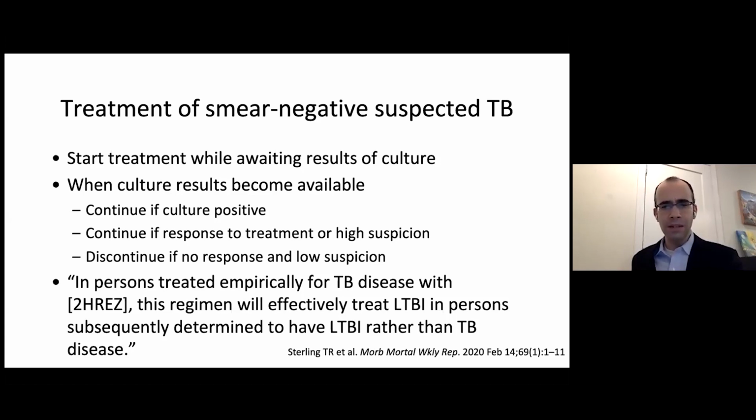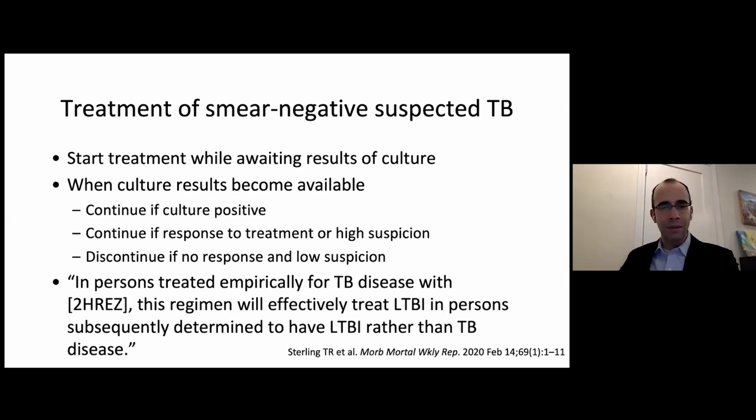If there's no response and for some reason you've arrived at a different diagnosis and have low suspicion for TB, then you can stop. I'll mention here, and I put the quote there at the bottom from the CDC, in patients who were treated empirically for TB disease and they received the initial phase, the 2 months of 4-drug therapy, that in itself will effectively treat latent TB infection in patients who are subsequently determined to have latent as opposed to active disease.